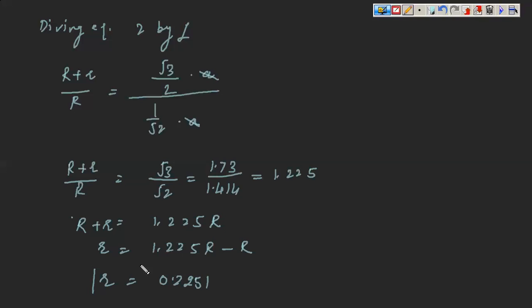So the ratio between the radius of the tetrahedral void and the radius of a sphere is 0.225 to 1. The radius of the tetrahedral void is 0.225 times that of a sphere, smaller than the sphere.